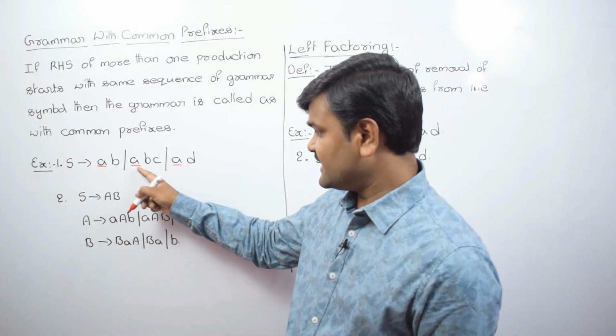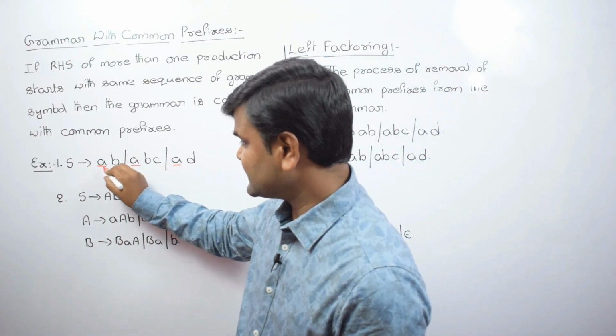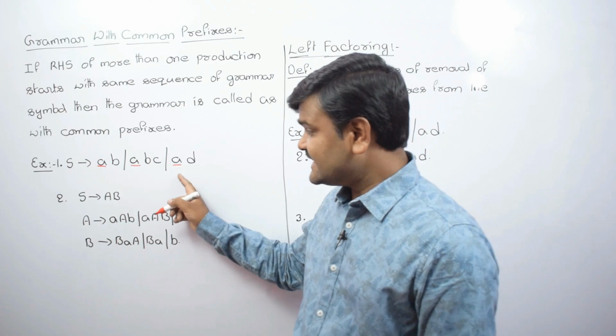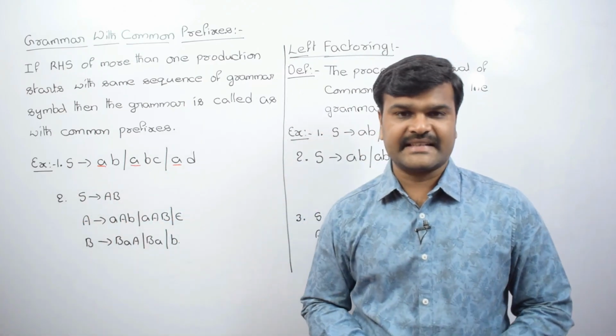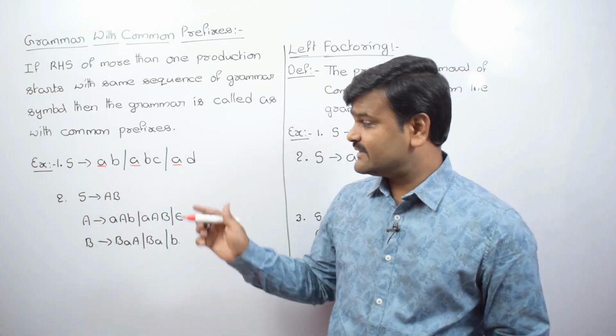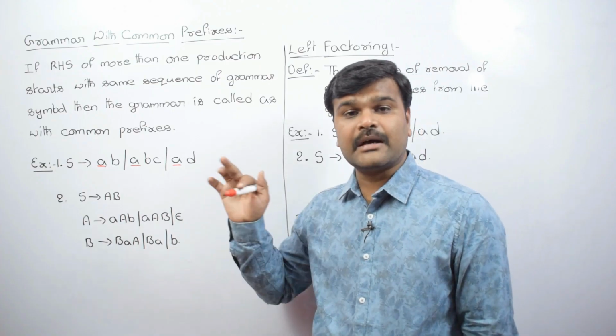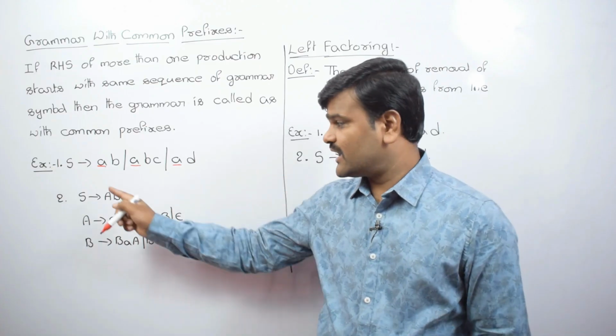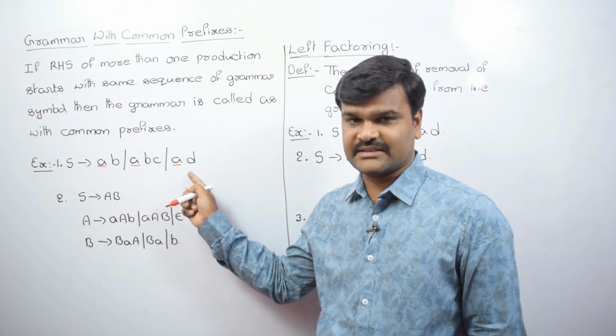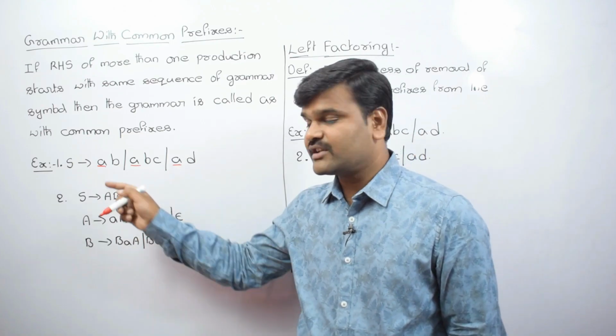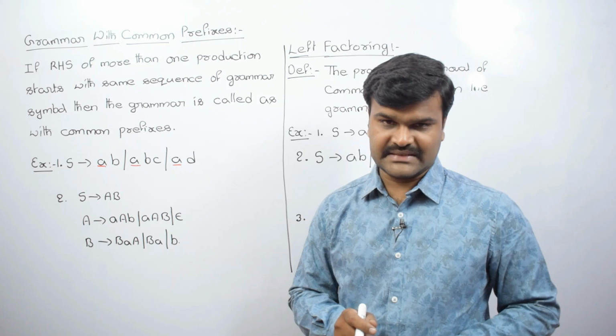These three productions start with the same symbols. This is a problem when you are doing backtracking. That is why this is a grammar with common prefixes.